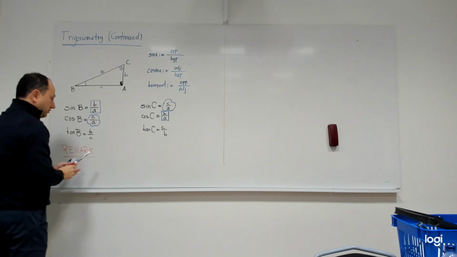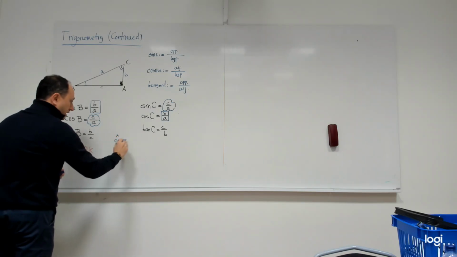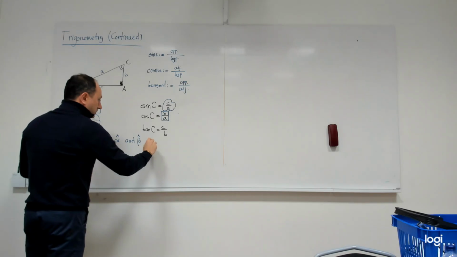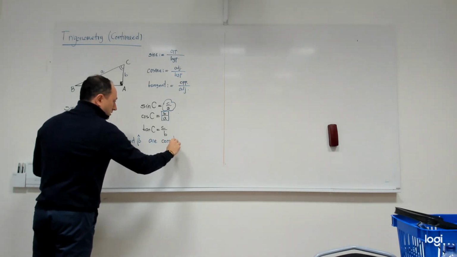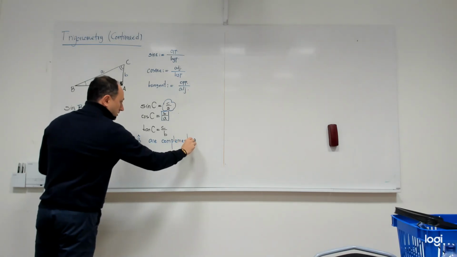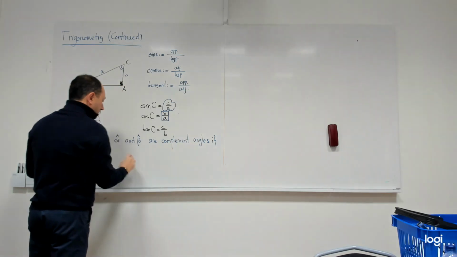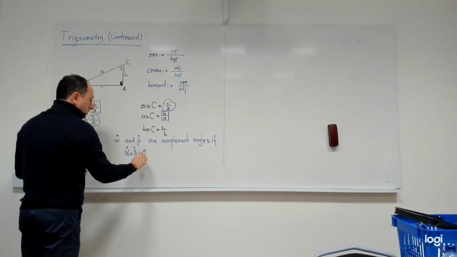We say that angle alpha and angle beta are called complement angles if, when I add alpha and beta, the answer becomes 90 degrees.